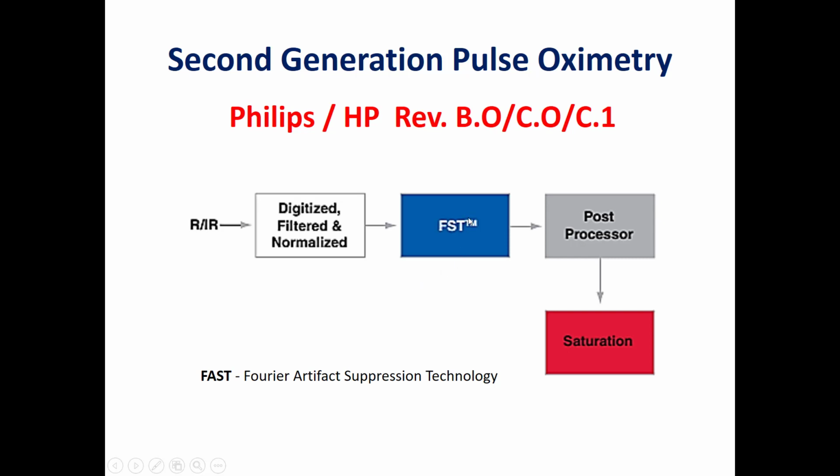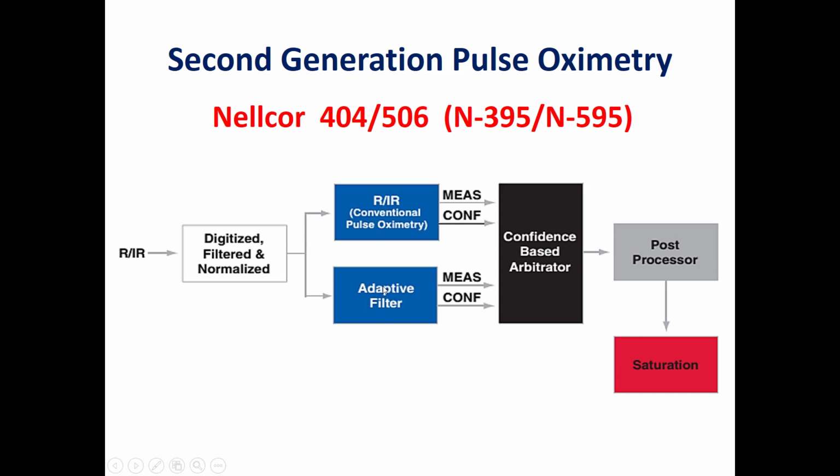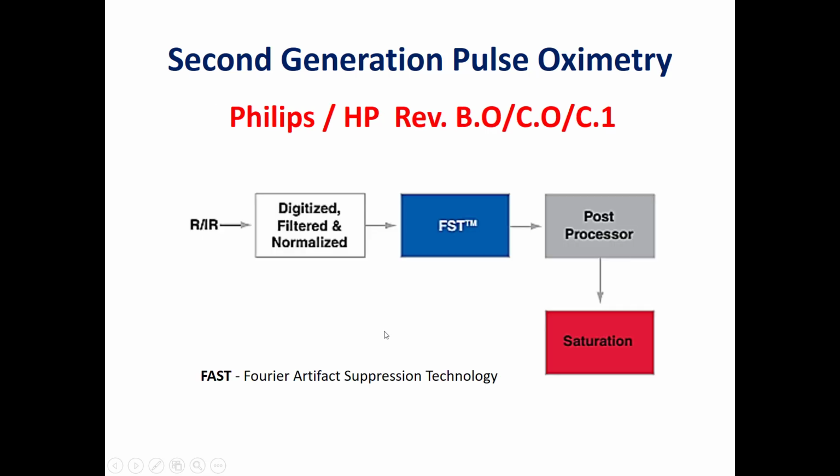This filter is known by Philips as FAST. It was mainly developed by Masimo and used by Philips. Similarly, the adaptive filter is made by Masimo, but it's used by Nalcor. So both digital filters are developed by the Masimo company.